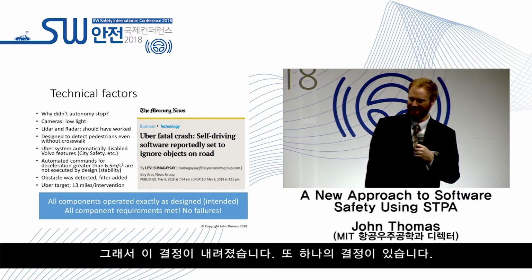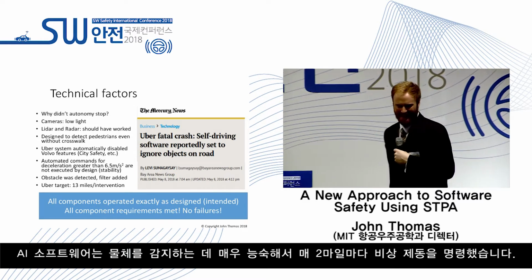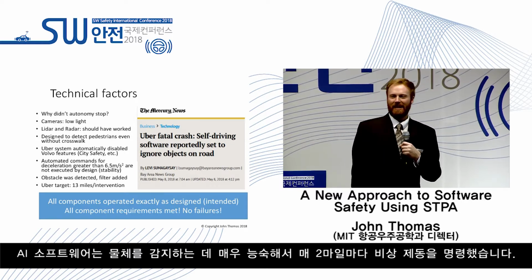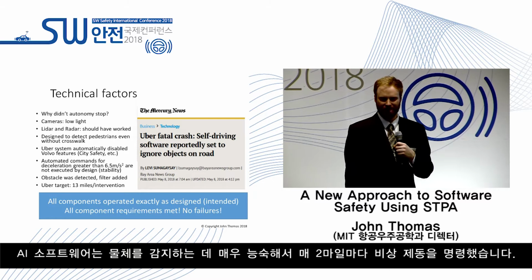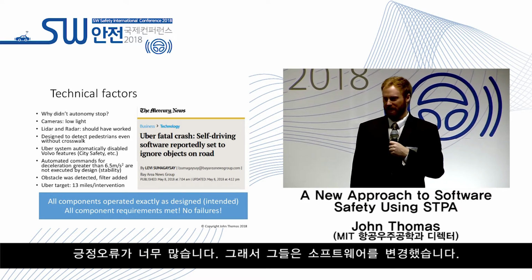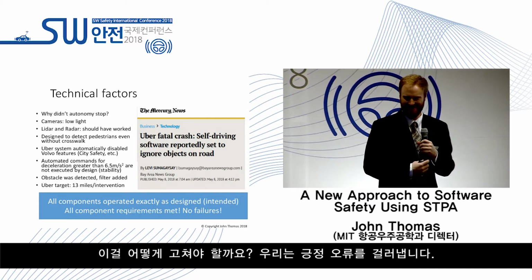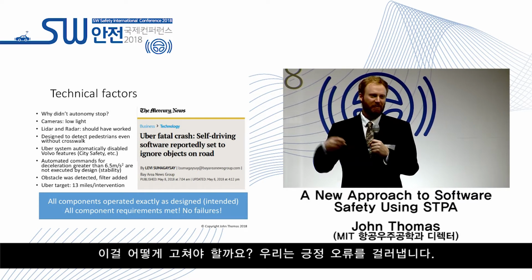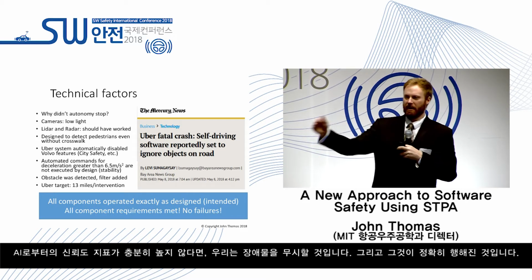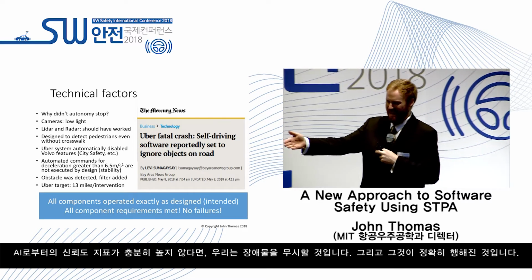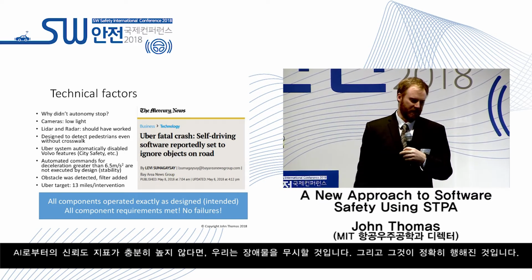One more decision, the AI piece was so good at detecting objects that it commanded emergency braking every 2 miles. Too many false positives. So they made a change. How do we fix this? We will filter out the false positives. If the confidence measure from the AI is not high enough, we will ignore the obstacles.